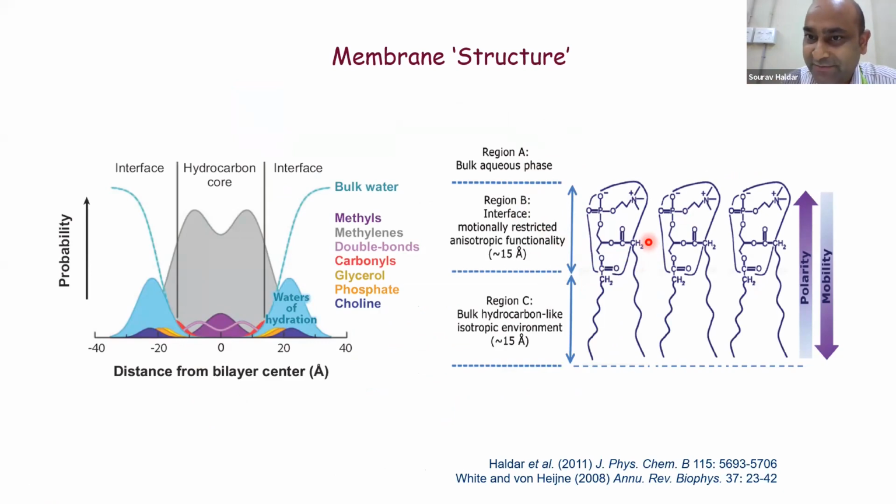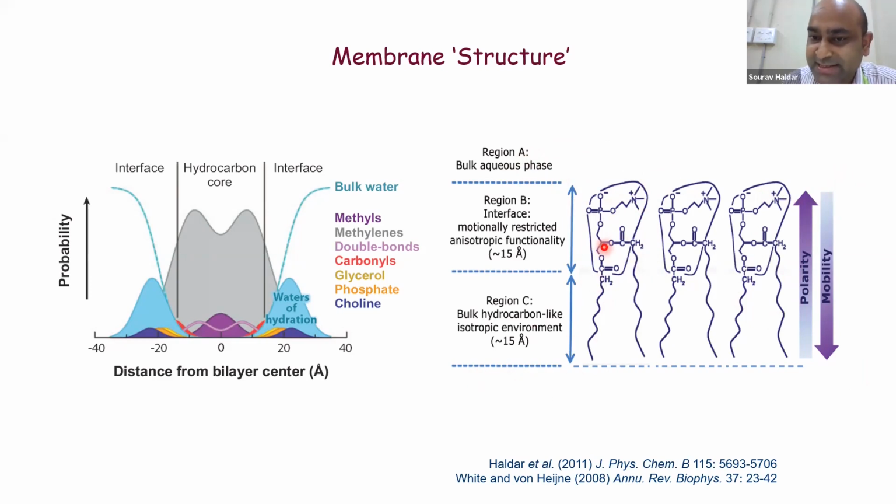What we can say from this structure is that the membrane, although I said it is a two-dimensional fluid, if we have a zoomed in picture at molecular detail, we see that this is actually an anisotropic assembly, meaning as we go down along the bilayer normal, the chemical composition is changing.